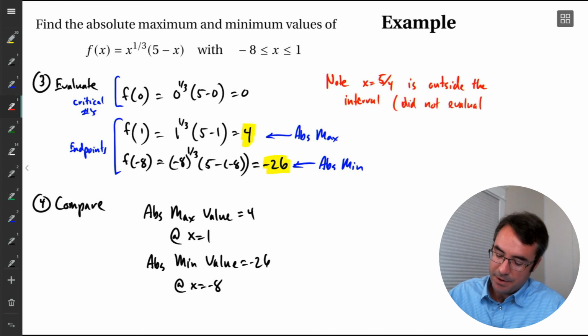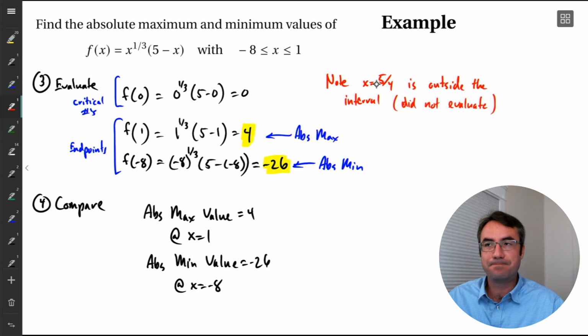And that's why we didn't evaluate at that x value, 5 over 4. Yeah, it's a critical number, just outside the interval. So it's outside the interval, so we didn't include it in our considerations.